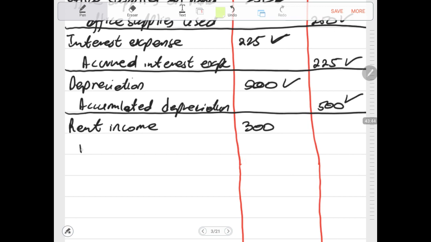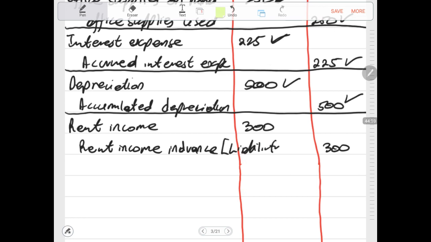So that means we have to say here rent income in advance, or rent received in advance. Rent income in advance is an amount of 300. And we know that anything that you receive before time is a liability.